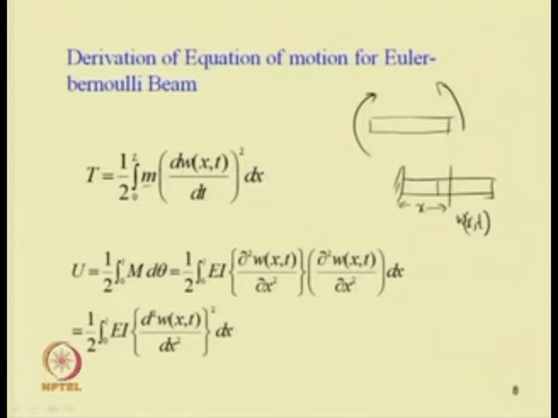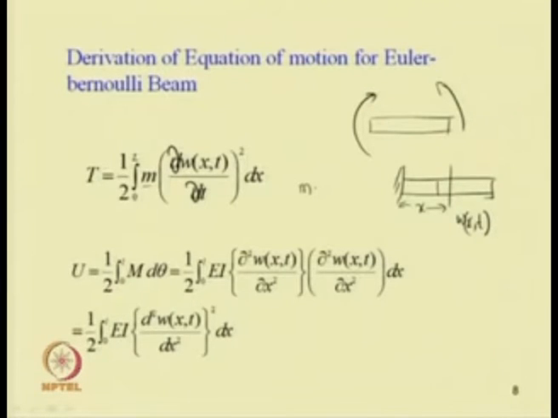The velocity is del w by del t, as w is a function of both x and t. So, one can write the kinetic energy for the whole beam as the integration of half m del w by del t whole square dx, where m is the mass per unit length.